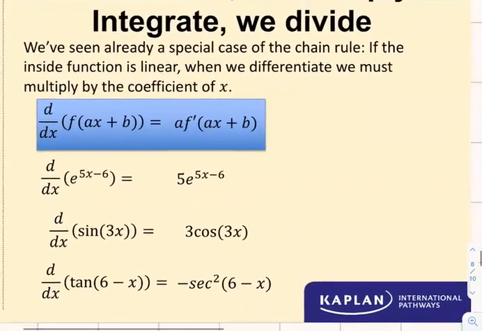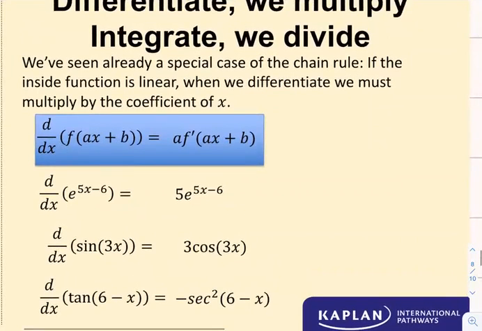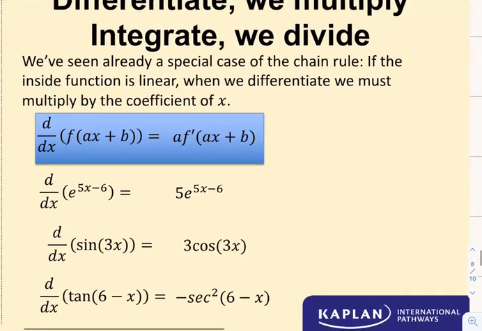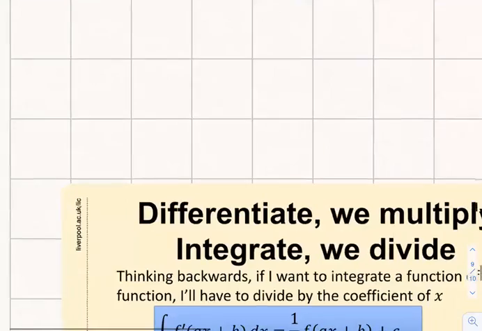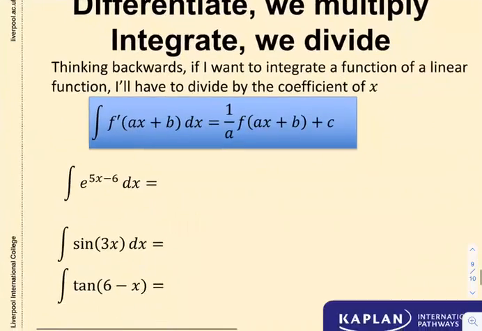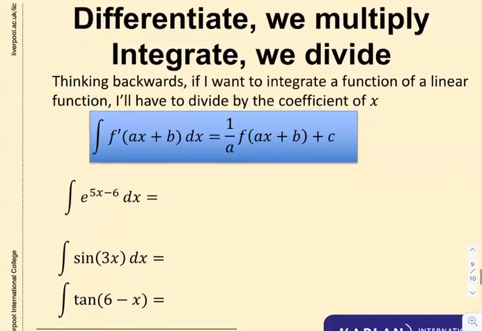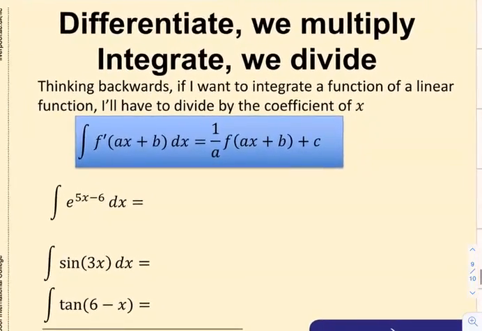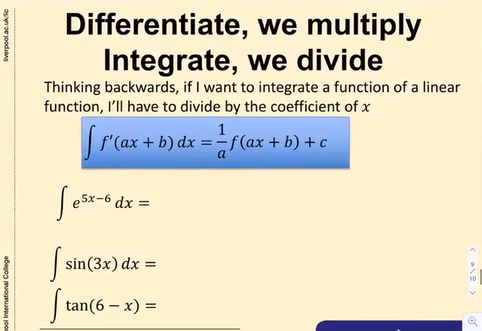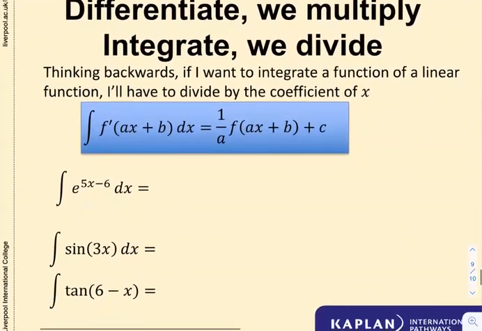So when you differentiate, you multiply, and for the power, you take away 1 from the power. When we integrate, we do the opposite. As I told you, we add 1 to the power, so it's opposite to the differentiation. You add 1 to the power and divide by the new power.